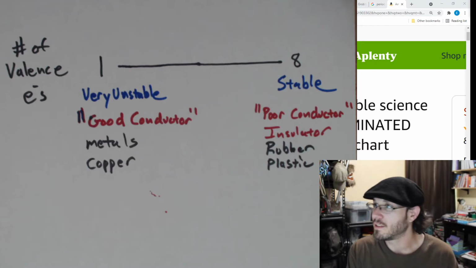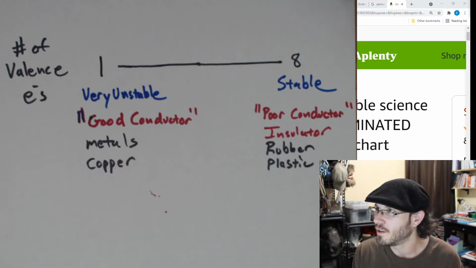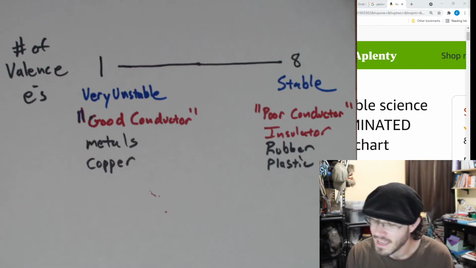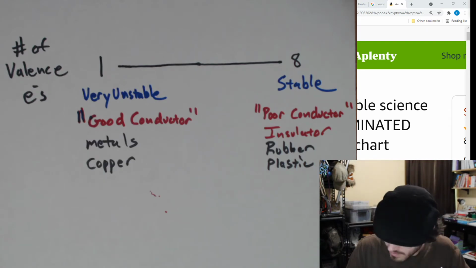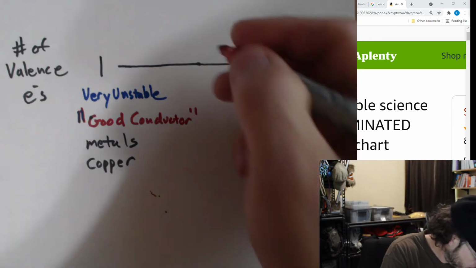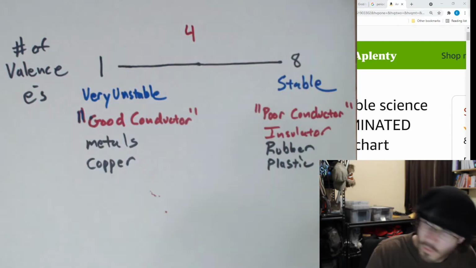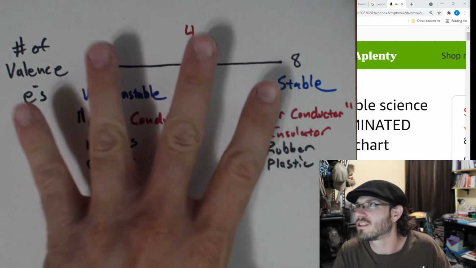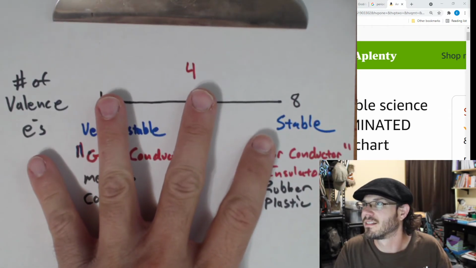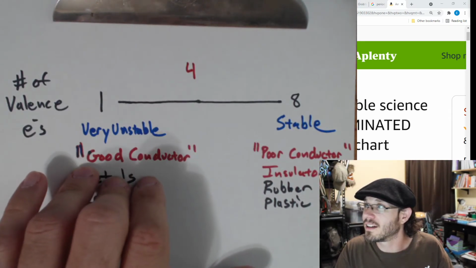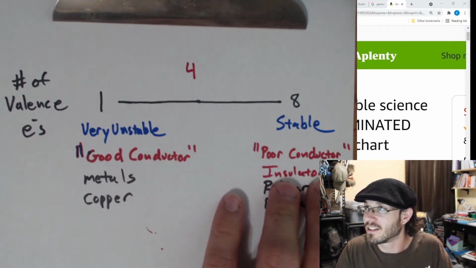Okay, so that's my fun with conductive metals. Now I have another question. What if I have 4 electrons? I'm not a good conductor, but I'm not a bad conductor.